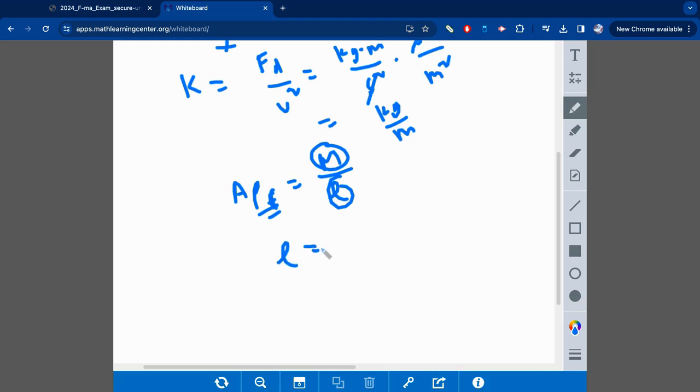So L equals mass over area times fluid density.